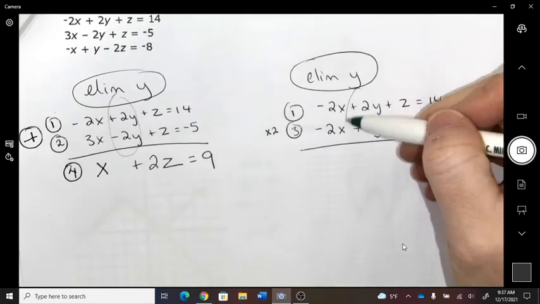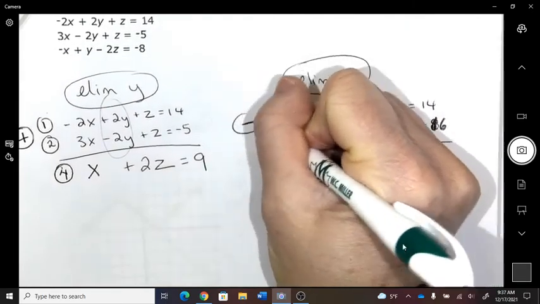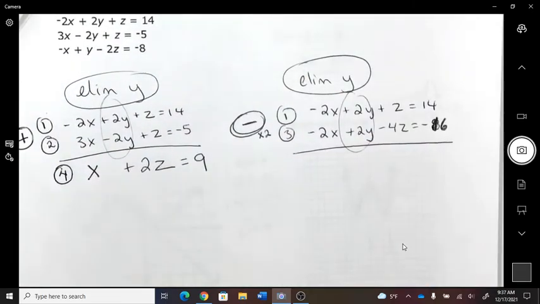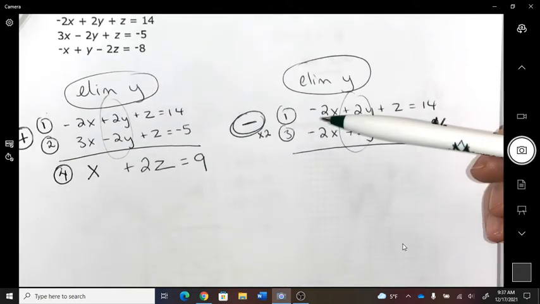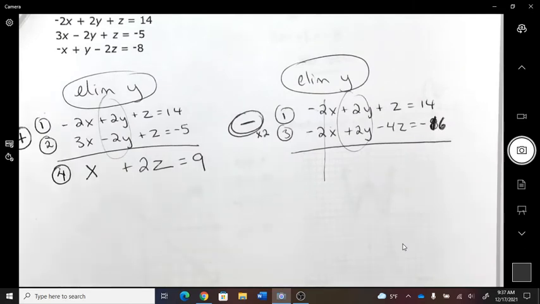Okay, we decided y's. We were committed to getting the y's out of there. Adding or subtracting. So I'm going to subtract. If I see something that's the same, I subtract them. The y's and y's, same, subtract. Okay, so this actually ends up out of there too.